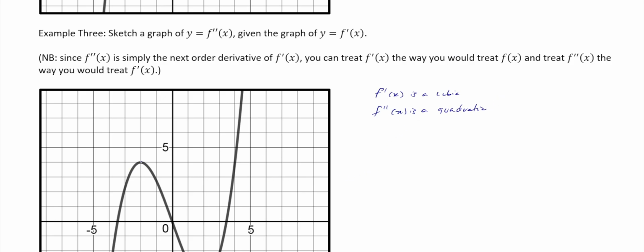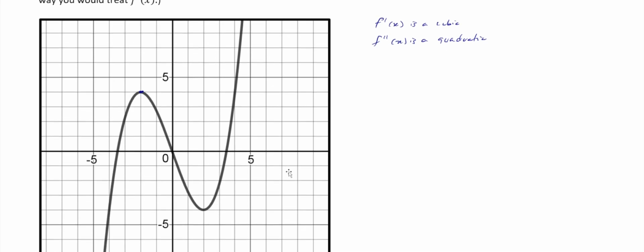Okay, I've got some maximums here, and I've got a minimum. So I've got some relative extrema. So that means if f prime at negative 2 is a max, then f double prime at negative 2 is 0.